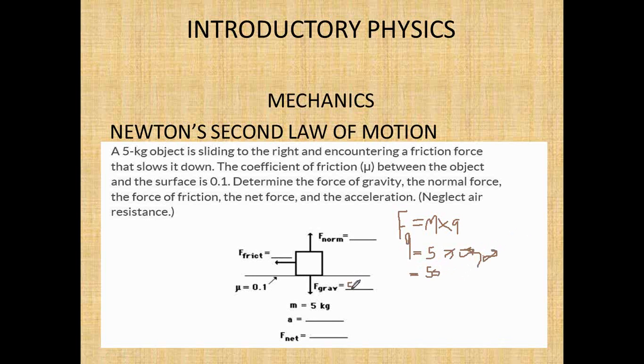So the normal force is going to be the same thing, remember? The normal force is the same 50, up, in the opposite direction though. So we determined the force of gravity: force is equal to the mass times the acceleration due to gravity. We determined the normal force because it has the same magnitude in the opposite direction.